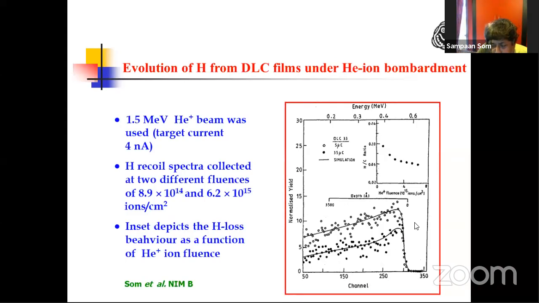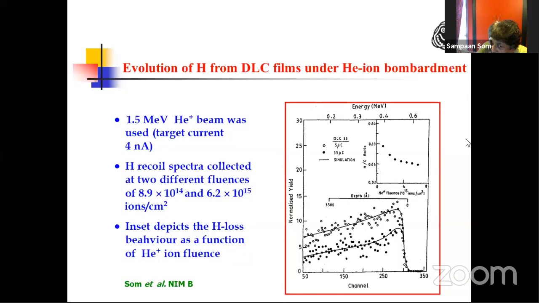As a result, we could see that after a certain charge collection on the target, which corresponds to a certain amount of ion fluence, noted here and converted here, the hydrogen by carbon ratio keeps reducing. That is because carbon remains fixed, so the hydrogen concentration reduces.